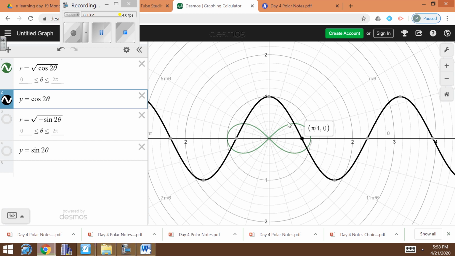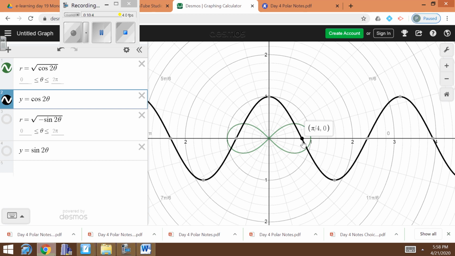Now what's interesting is you'll notice that there's really nothing graphed between pi over 4, this line right along here, and up here to pi over 2. There's no part of the graph here, either in the positive or the negative direction. It's kind of blank.